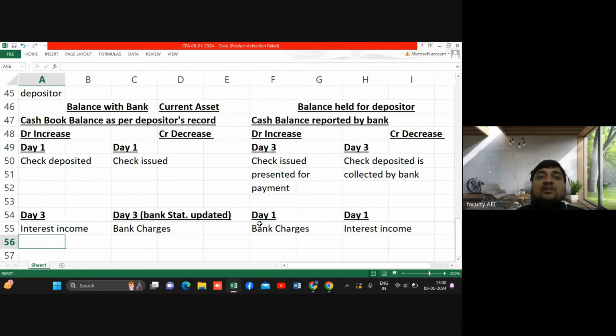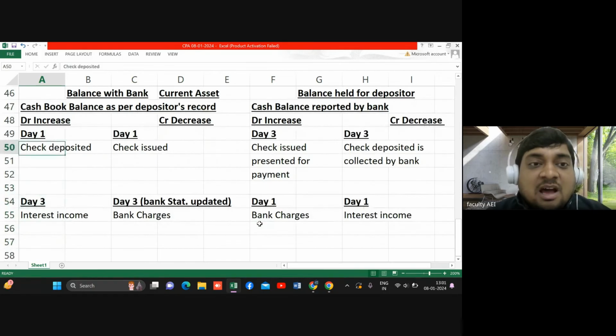The day I am issuing the check to trade payables, I am reducing my balance with bank. But the same day, balance held by bank is not reduced, right? Only when it is presented. Now, day one, bank has deducted my bank account, but I haven't updated it. So I will record that charges after some days.